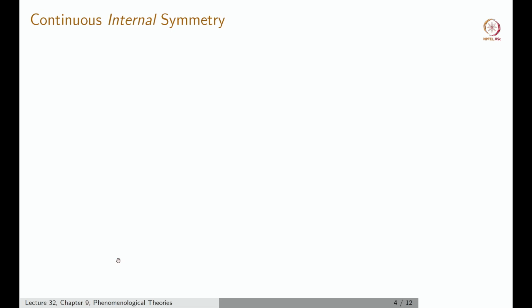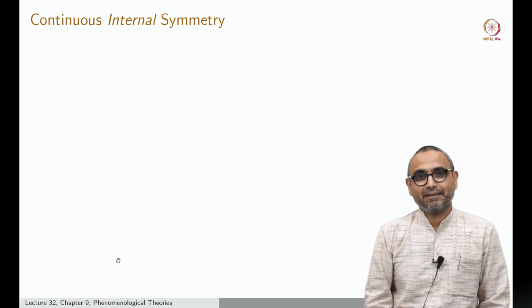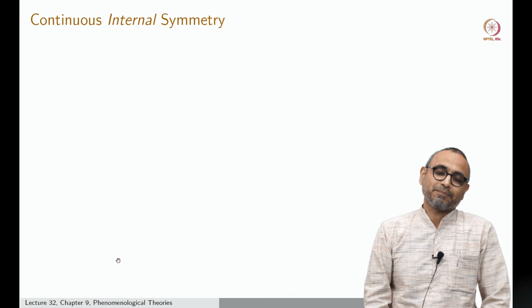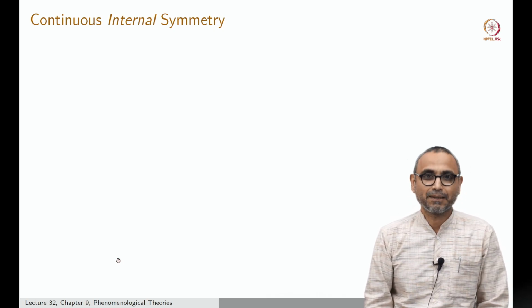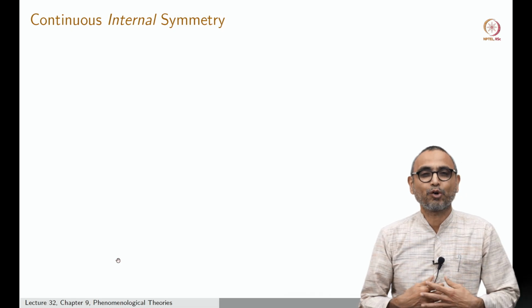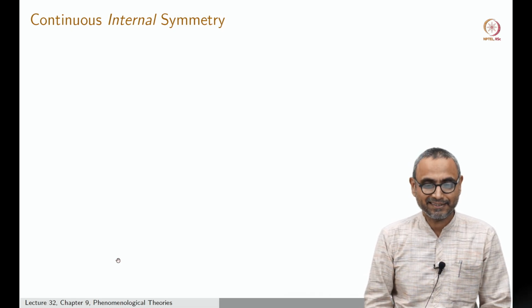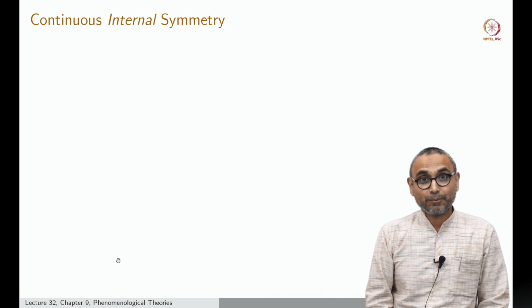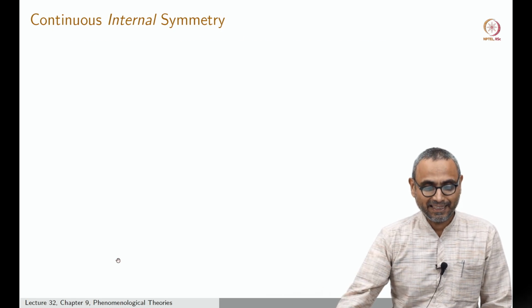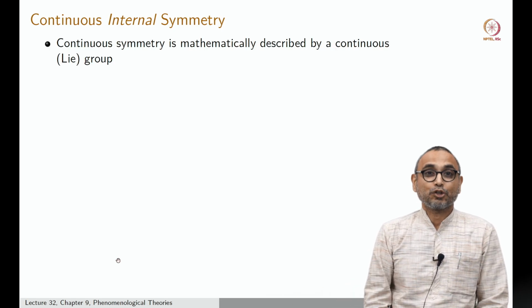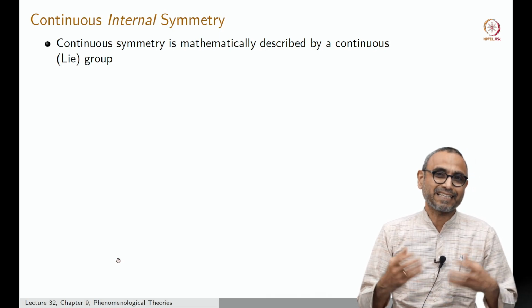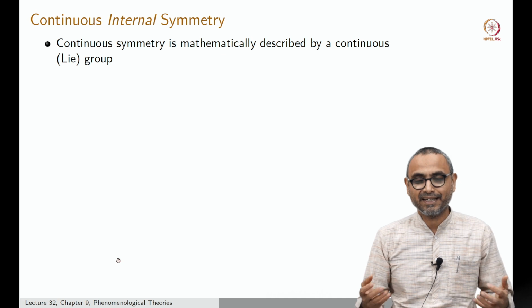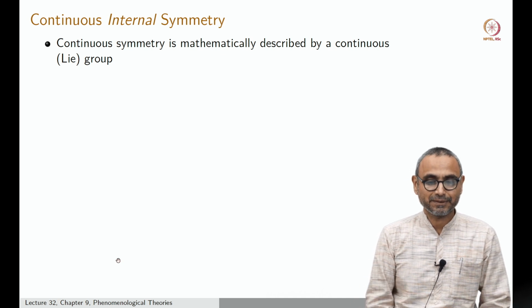Okay, so I'm going to start by positing or assuming that some experimental data is available to us and we have zeroed in on some kind of continuous symmetry. And we are talking about continuous internal symmetries, as I said, right? So let's say that we have come up with this, and how do we describe a continuous symmetry in mathematical terms?